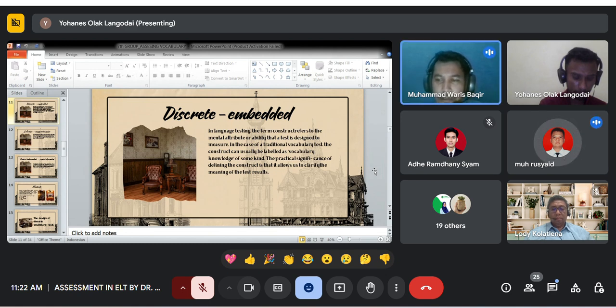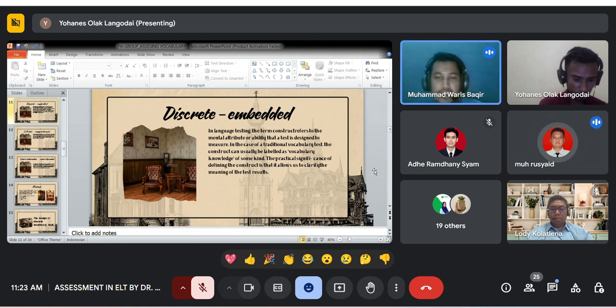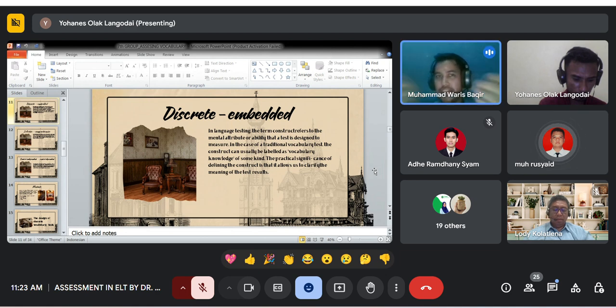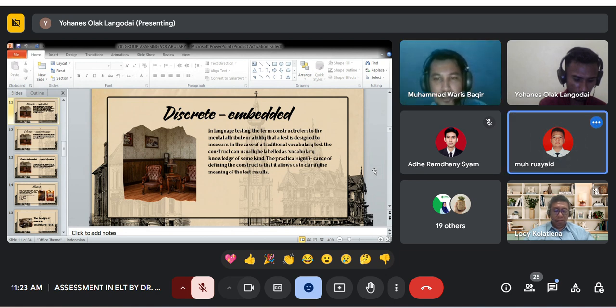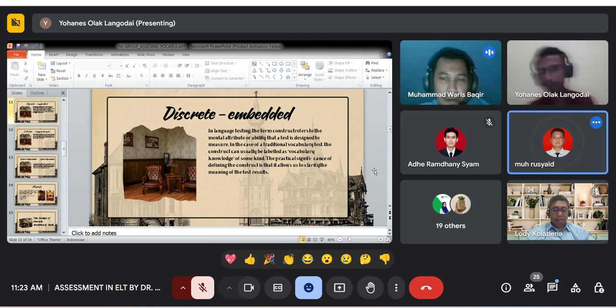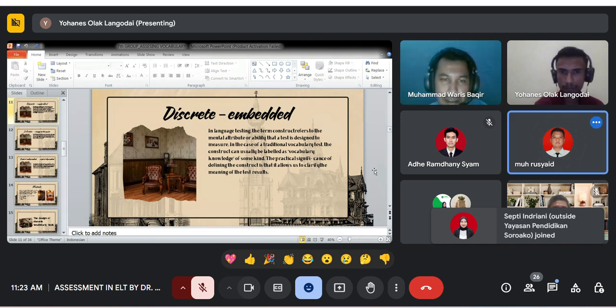So they have to make a difference between scientist, scientific, and science. They have to understand the different meanings of the words. Is it the same definition or a different definition? Or they may be inferring the meaning of unknown words in a reading passage. So that is the discrete embedded. Next slide, please.